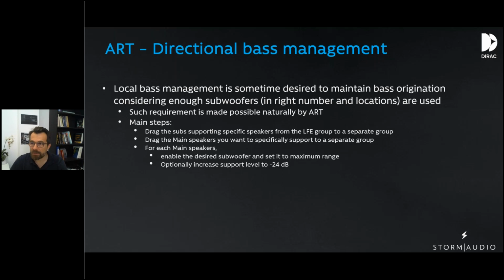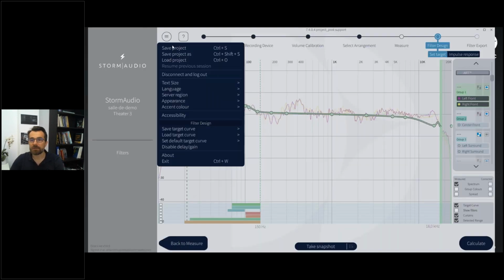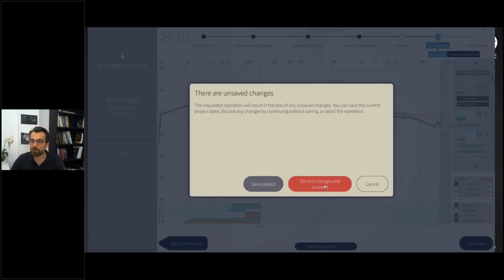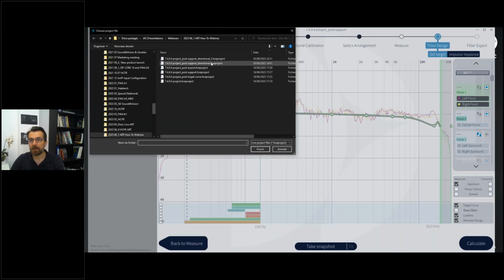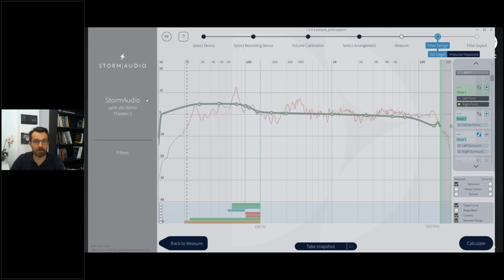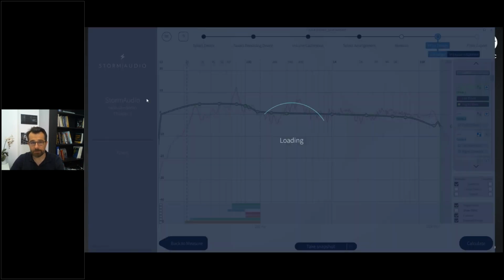So if we go back to the tool, and we want to see how this can be adjusted, you will look for the directional bass management, as we would call it, if we can call it that way.